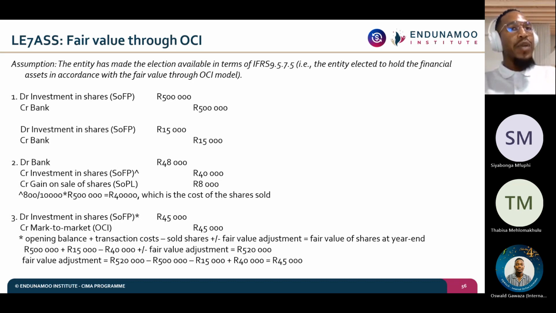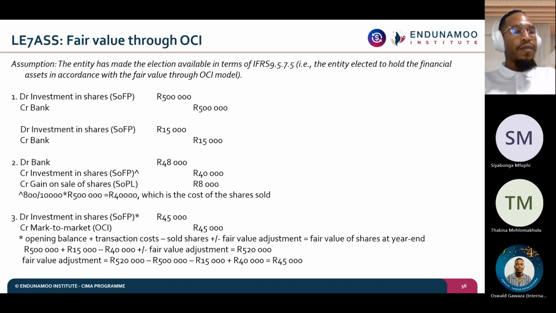If it's a debt instrument that we are holding, we are entitled to payments from whoever is owing us the money. We then said, firstly, we need to look at the contractual cash flows to say, in a debt instrument, are the contractual cash flows solely payments of principal and interest?